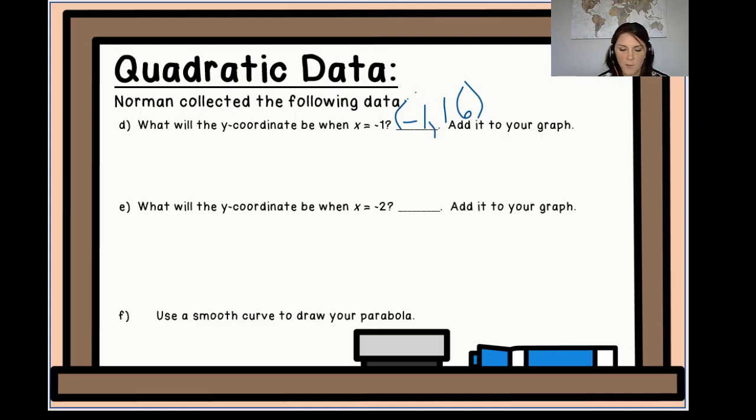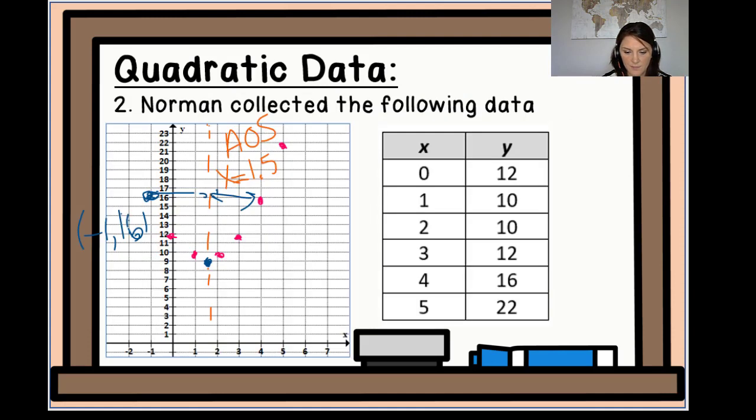Okay, so the next part, part E, says, what will the y coordinate be when x is equal to -2? And then we're going to add that to the graph. So let's go back to our graph. So -2 is going to be another symmetrical point. So if we look up here at this coordinate that's at the 5 and 22, that's 3.5 on the other side of the axis of symmetry.